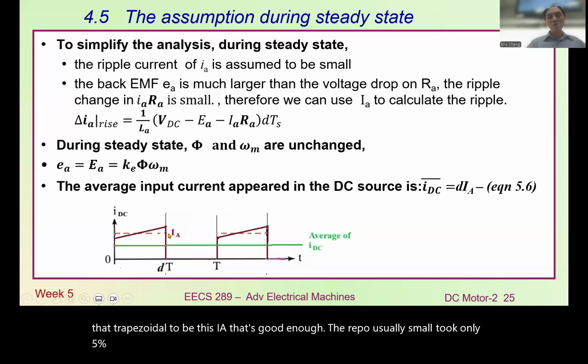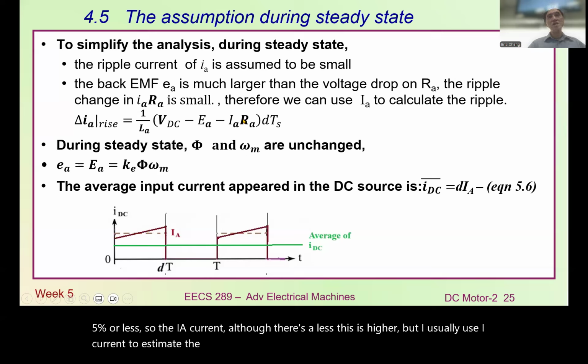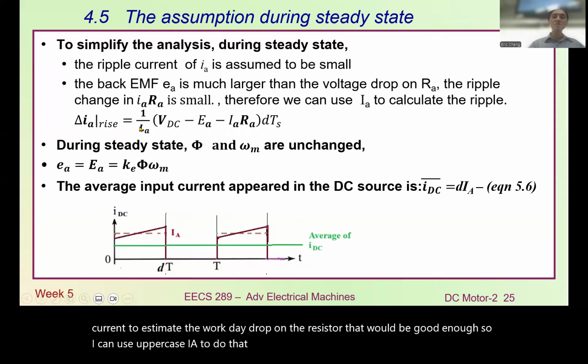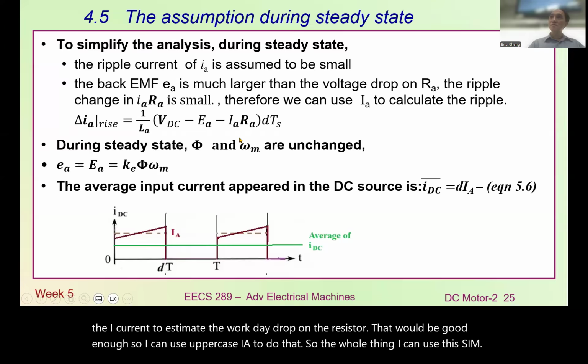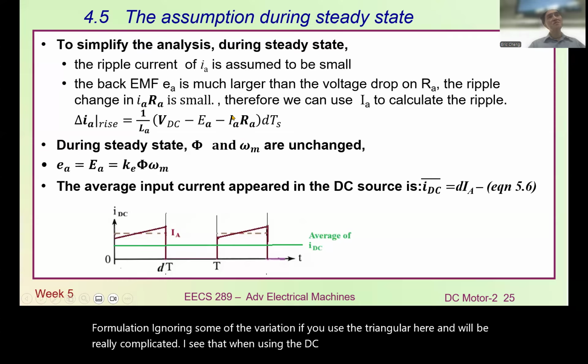So I usually use the IA current to estimate the voltage drop on the resistor. That will be good enough. So for the whole thing, I can use this simple formulation, ignoring some of the variation. If you use a triangular wave here, it will be really complicated. When you use a DC average here, that is sufficiently good.